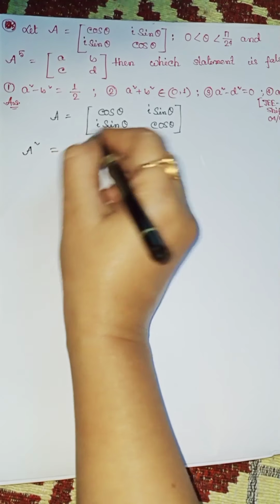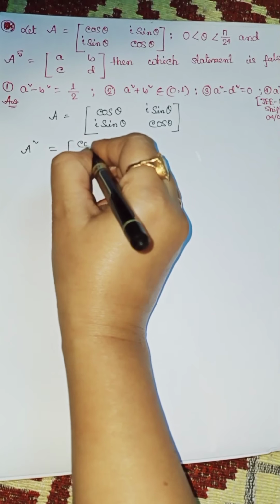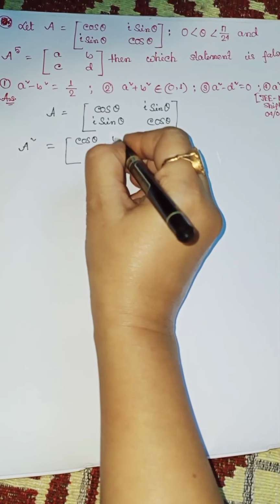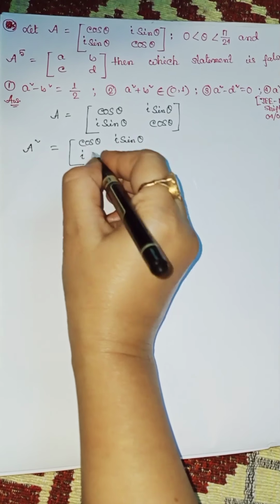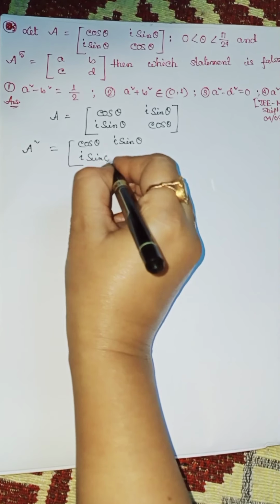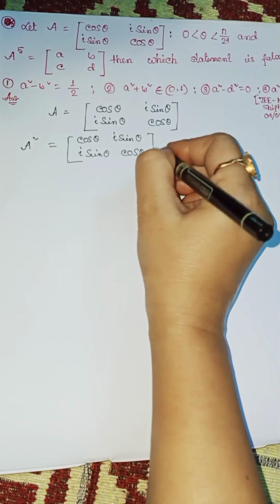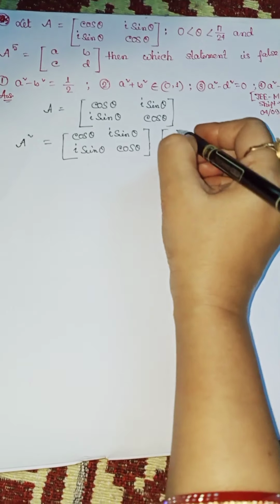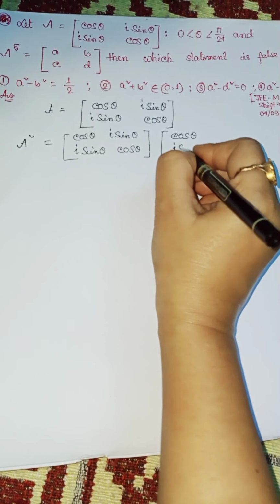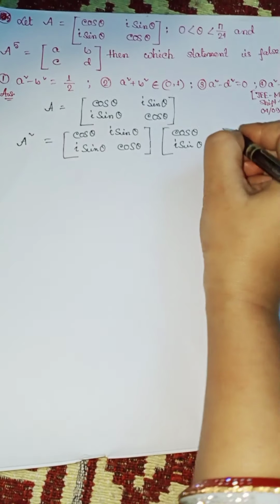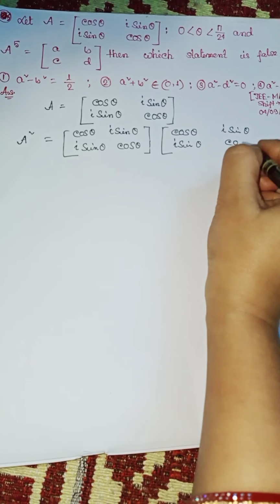This multiplies this: cos of theta, i sin of theta, i sin of theta, cos of theta, multiplied with the same matrix cos of theta, i sin theta, i sin theta, cos of theta.